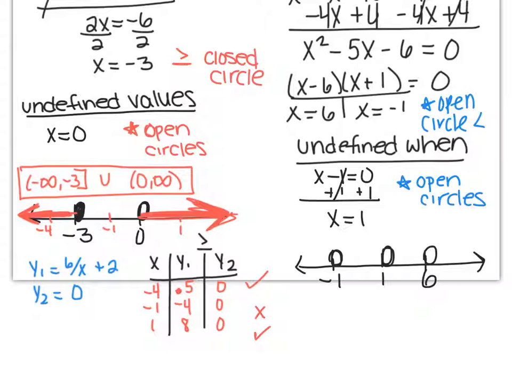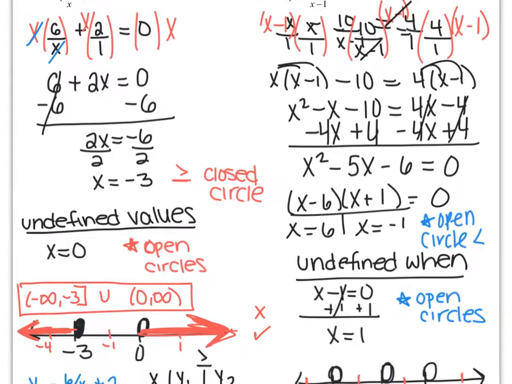So now I actually have to do 4 test values. 1, 2, 3, 4. So I'm going to test a value after 6, let's say 10. Test a value between 1 and 6, let's say 3. A value in between -1 and 1, let's say 0. And a number less than -1, let's say -5.